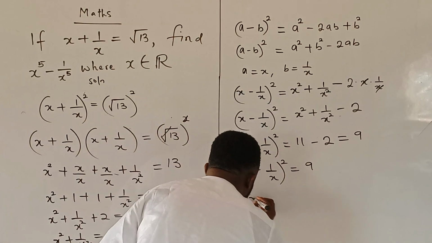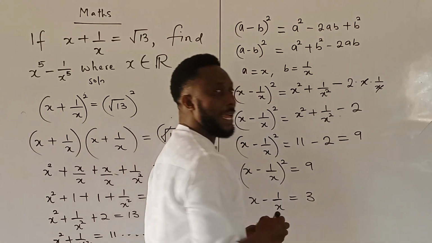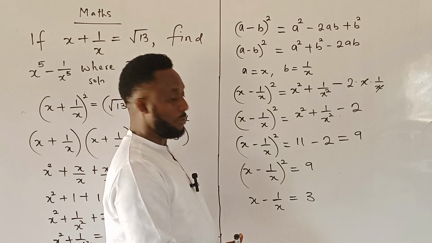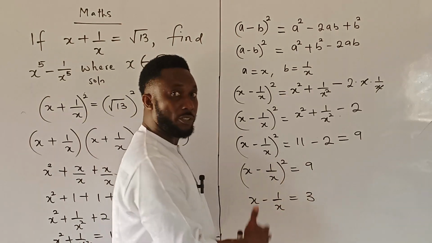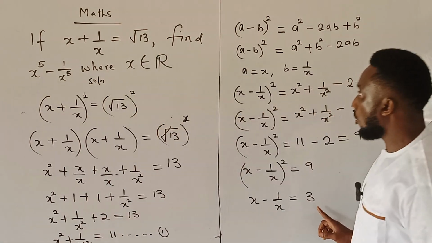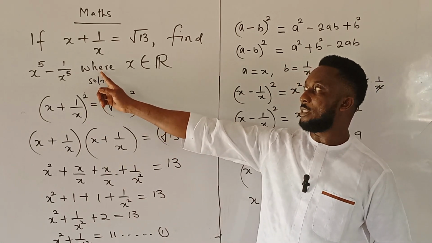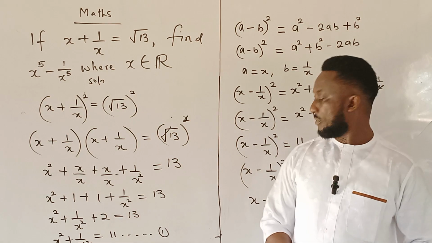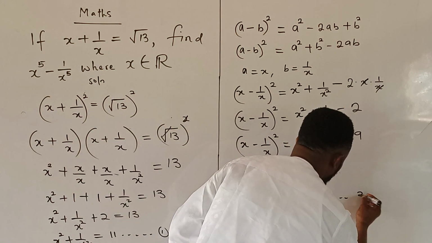So I will now have s minus 1 upon s equal to 3. Now, I am not considering the negative value, even though once you take the square root you're supposed to have plus or minus the number, because of the statement here where s is a real number, so s cannot be negative. So I will leave this as equation number 2.